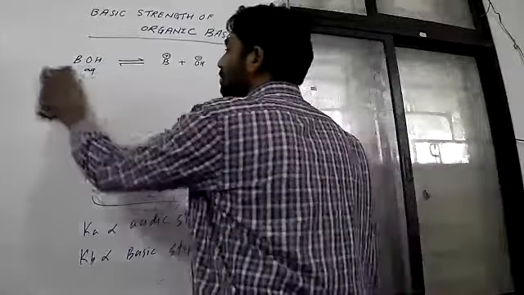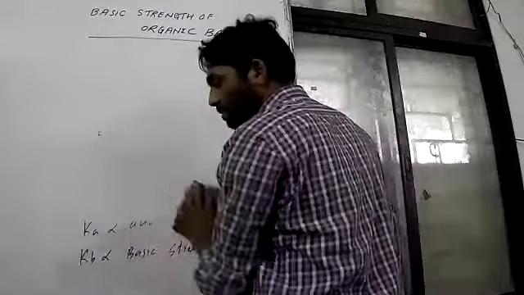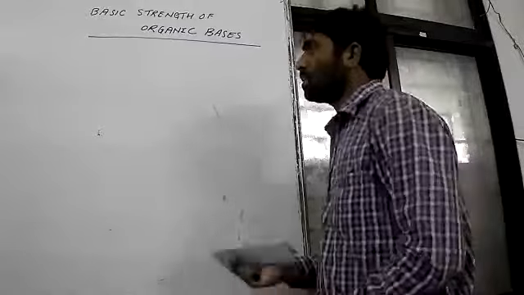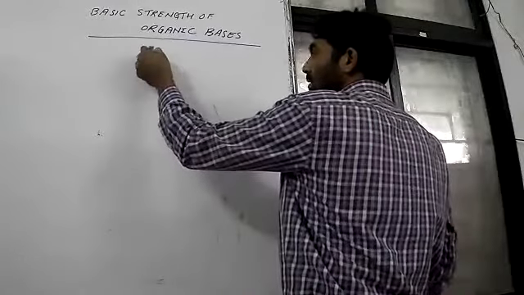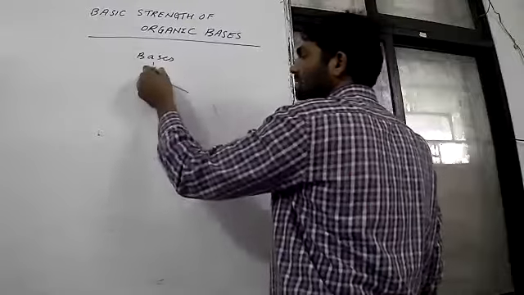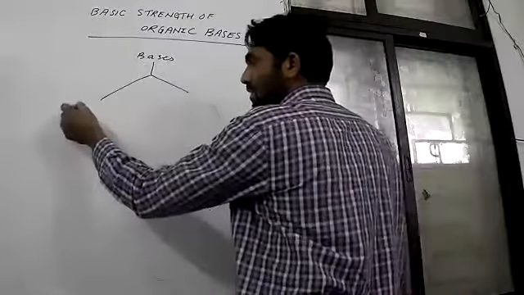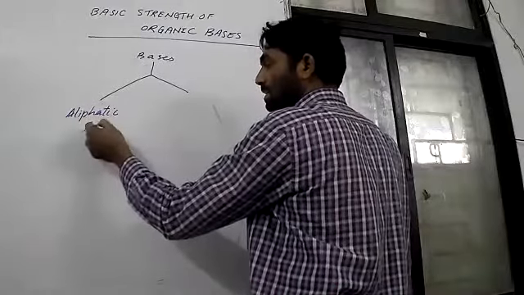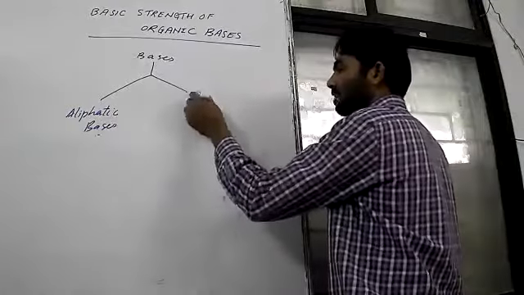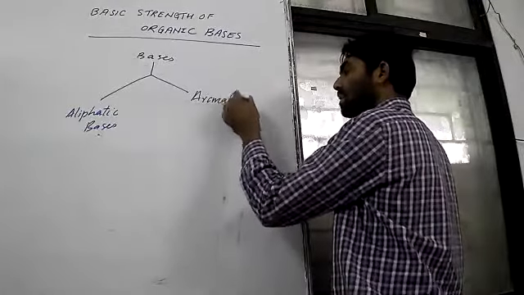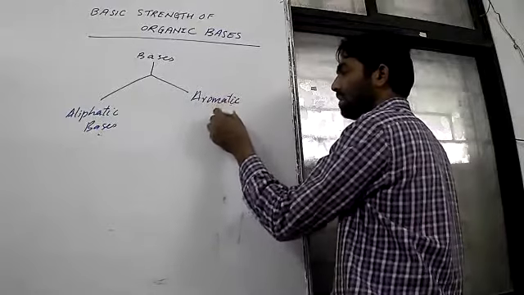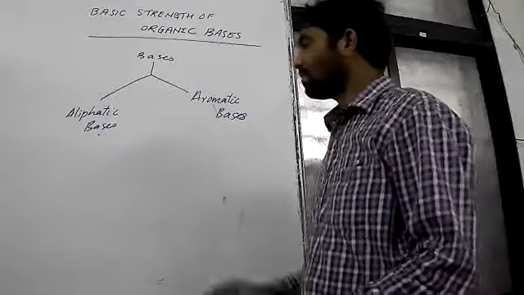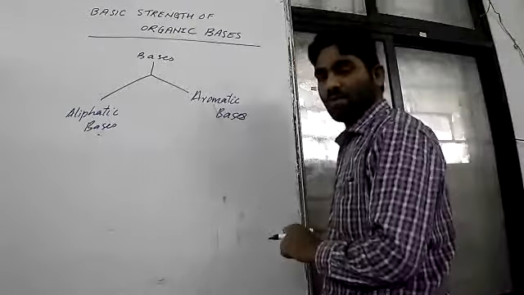One more important point: there are two types of bases in organic chemistry. Actually, there are three, but we will go for two. One is aliphatic bases, and another is aromatic bases.